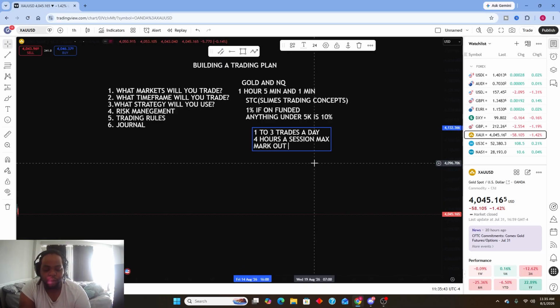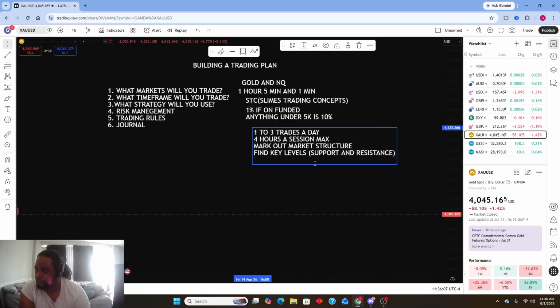Mark out market structure. Find key levels. Wait for price to come back to a key level.